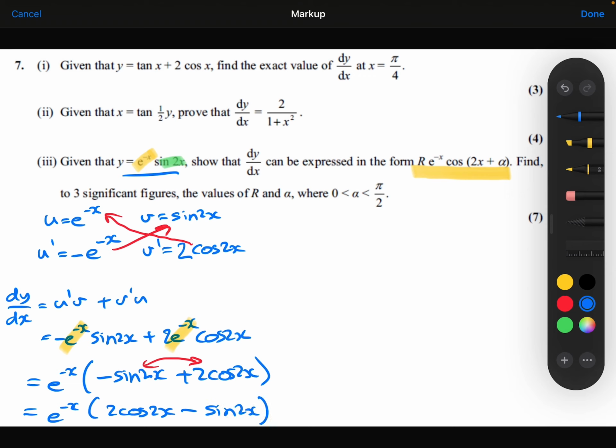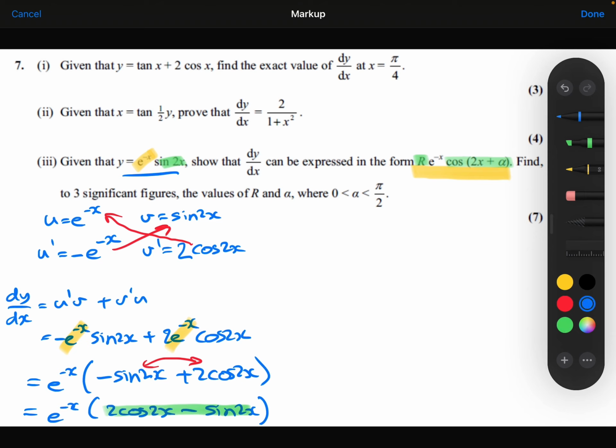Right, I need to rewrite this with this cos 2x plus alpha and an r. This exponential here matches up with my exponential here, so that's good. But I need to turn all of this into my r cos 2x plus alpha.